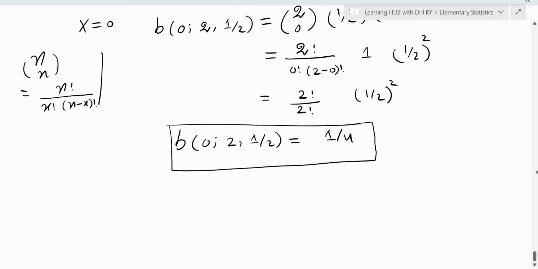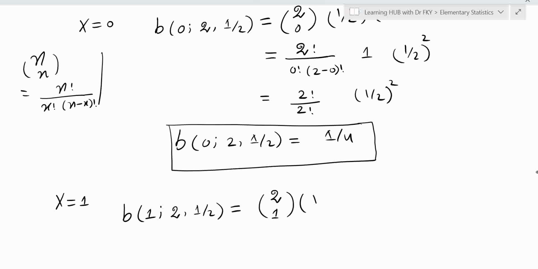Now x equal to 1. The probability distribution function of binomial distribution can be written as, now just put x equal to 1, n equal to 2, p equal to 1 divided by 2. This means that now n is 2, x is 1, p power 1 divided by 2, which is already given, power 1 now, and 1 divided by 2, that is q, power 2 minus 1.